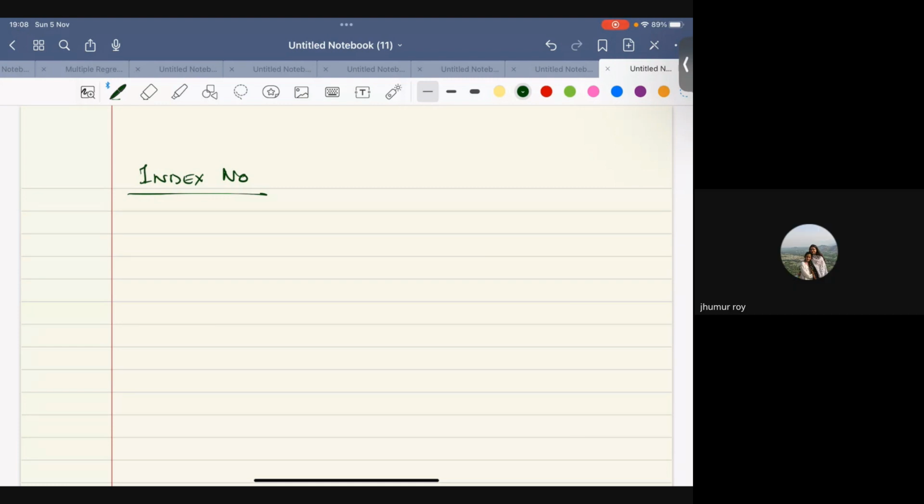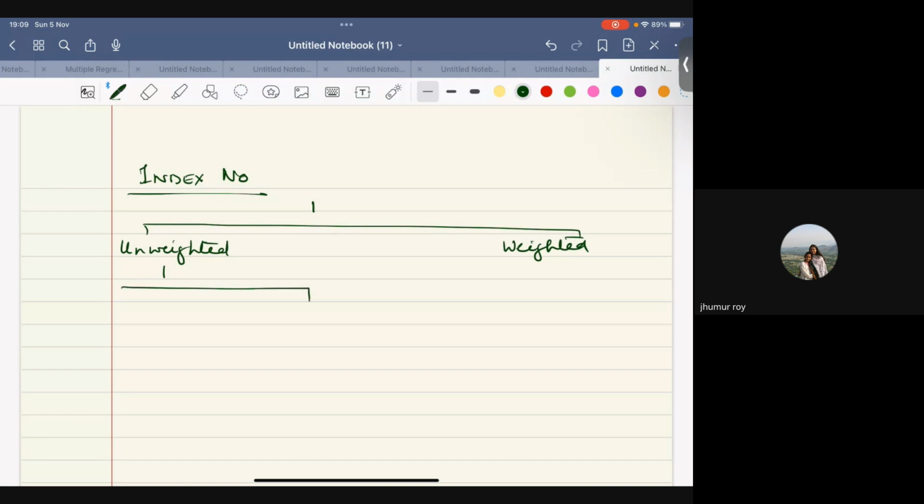So the first concept we have over here is called index numbers. Now index numbers are divided into many types. So you've got price index number, you have quantity index number, you have aggregative index numbers, etc. If you draw this, basically it is divided into two important parts. The first is unweighted, and the second is weighted. Under unweighted, there are two important components.